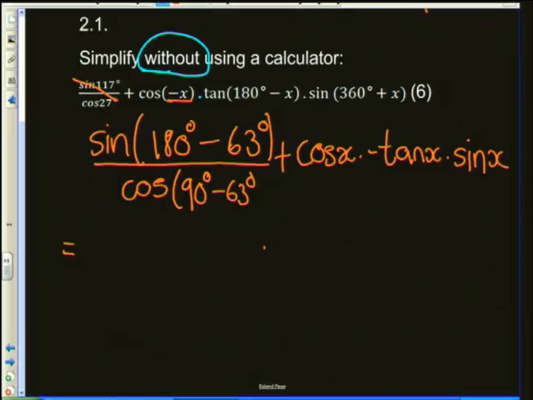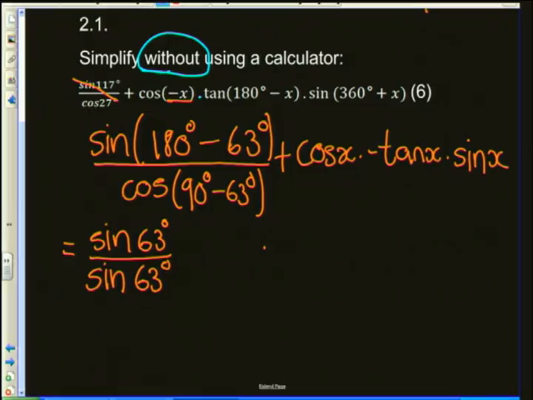Applying our reduction formula, that's going to be sine 63 degrees over, and you need to be careful with this one, this is a co-function, so it changes from cosine to sine. So it's going to be sine 63 degrees.